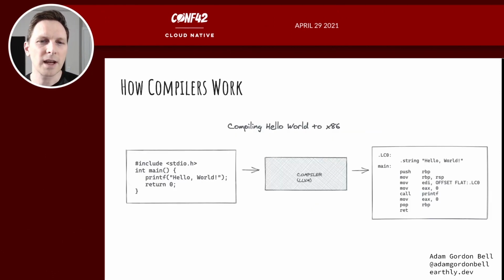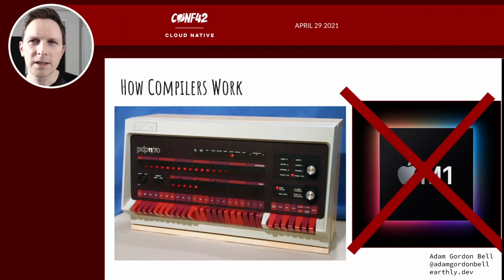So earlier I had this diagram again with the hello world, and we generate this assembly. Saying compilers work this way is kind of a lie. It's a simplification. On the left here is the PDP-11. That is the first computer that a C compiler existed for. That compiler was written by Dennis Ritchie. And the simple diagram that I showed earlier, that actually is exactly what would happen on the PDP-11.